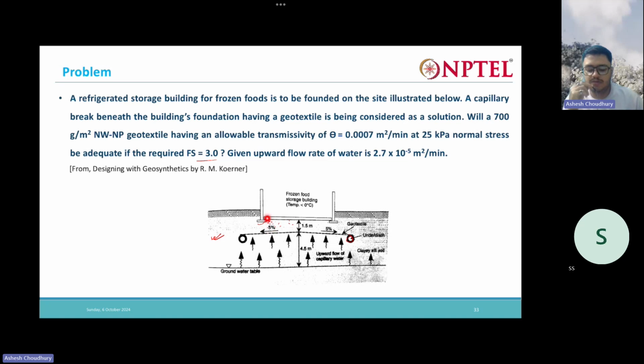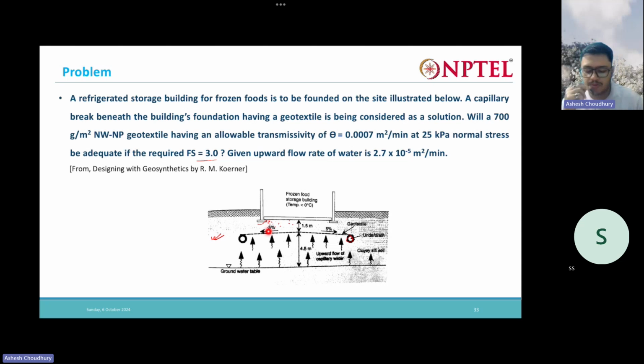Due to that, if this water freezes, it is going to expand. You already know that if water freezes, it expands in volume, so it will expand near the structure, and this expansion might actually cause cracks in the building. So that we need to prevent.